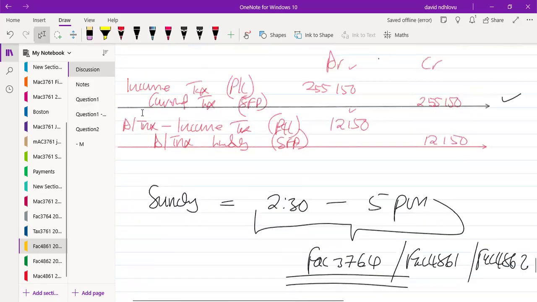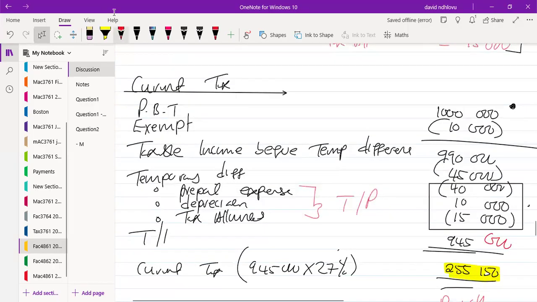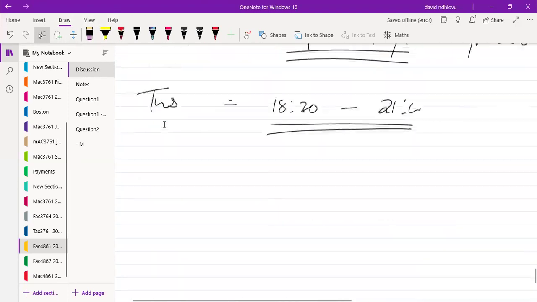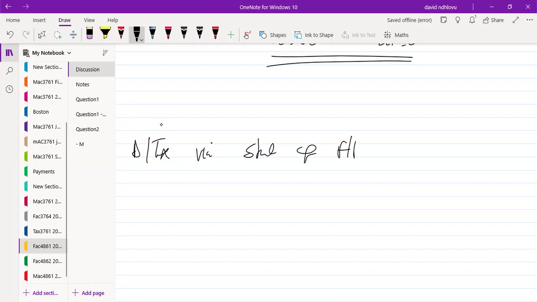Right. Here, because I was just introducing you, I showed you this type of calculation. This type of calculation you will never be asked in the exam to present. In the exam, or in the assessments, you need to deal with the calculation of deferred tax via the statement of financial position.